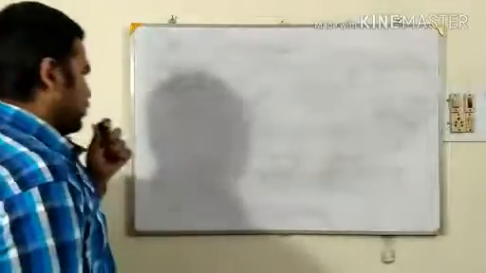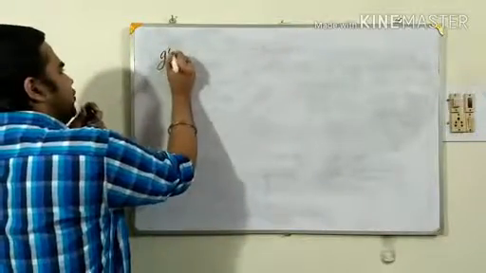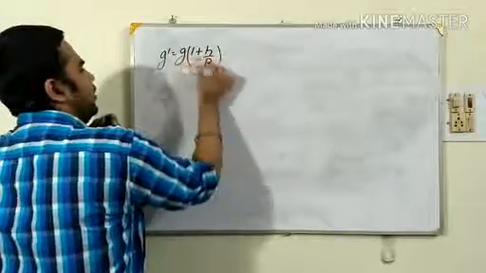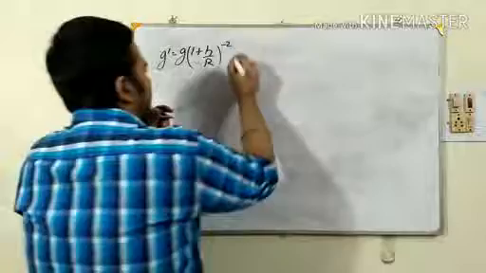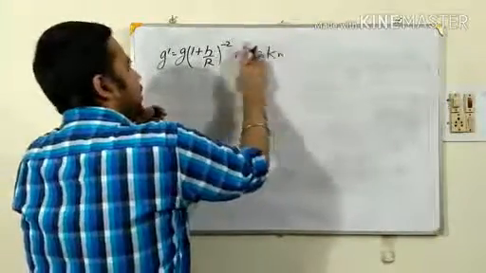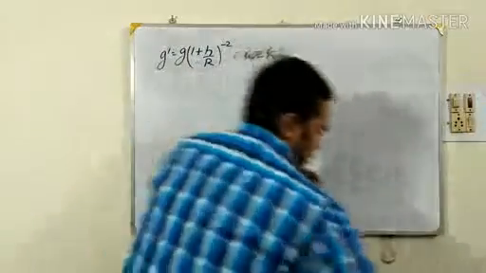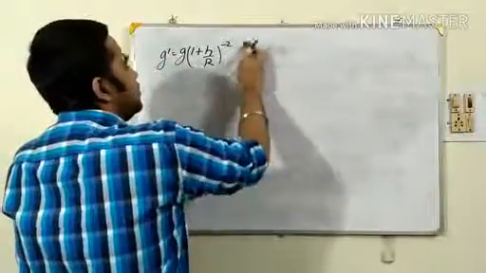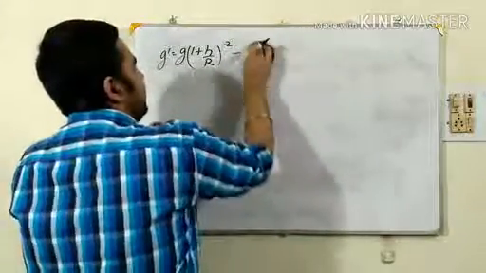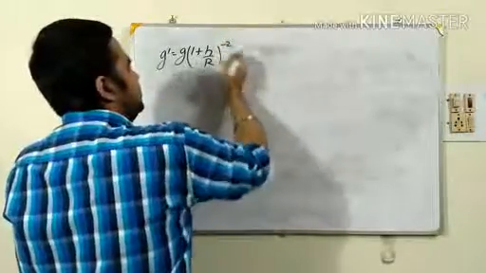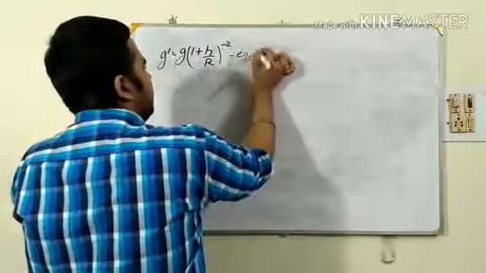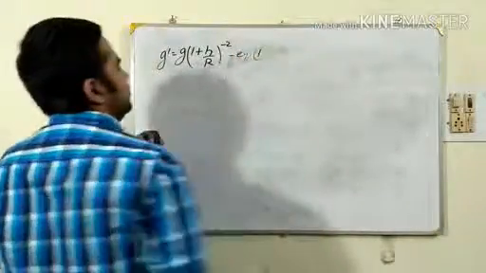So now we have the equation as g dash is equal to g into 1 plus h upon R whole to the power minus 2. Let this be equation 1.